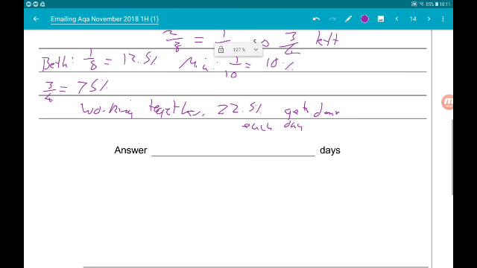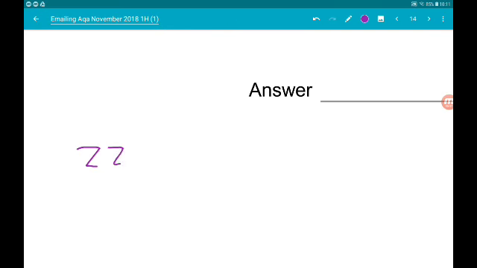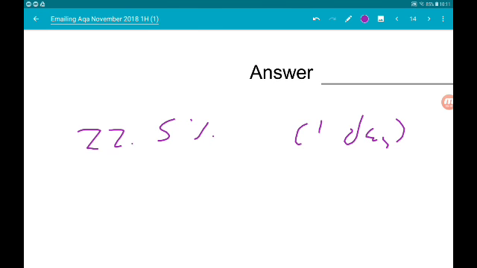Okay, so let's go up in 22.5%. So that'll be 1 day. After the second day, 2 times that is 45%.